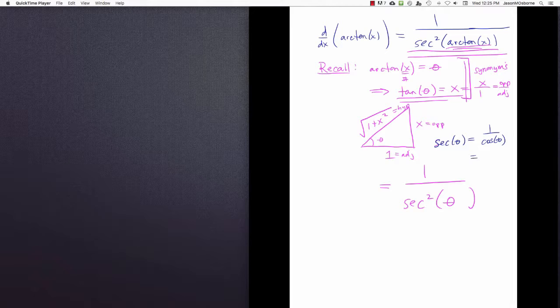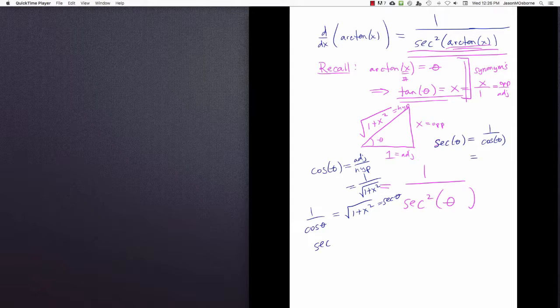Cosine of theta is the adjacent over the hypotenuse, so 1 over the cosine gives you the square root of 1 plus x squared, which is the secant.